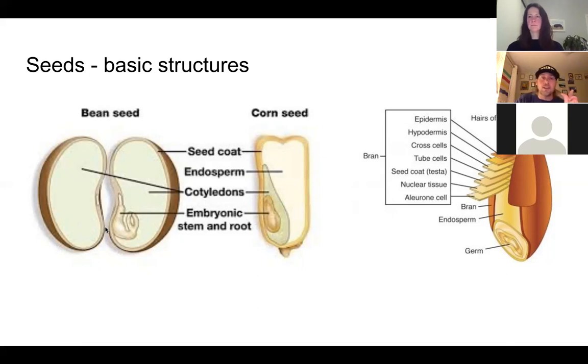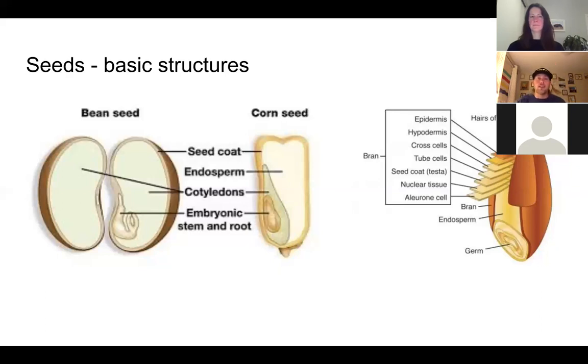That is in contrast to the monocots, which you could think of as grasses, or allium family plants, like your onion and your garlic and your leeks and your chives. Those are all monocots because they only have one of these cotyledon leaves that emerges out of the seed.